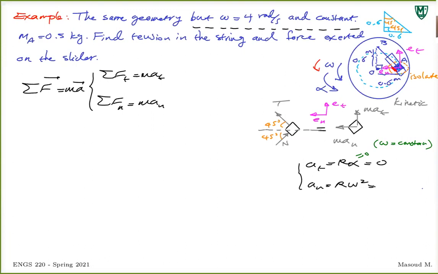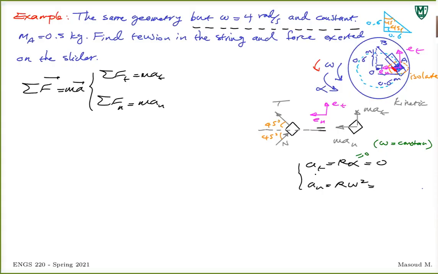R omega squared, what is R here? Well, I already drew it there, so you should be able to figure that out. Remember, don't get confused with it. R is the distance from where the particle or the object is to the center of rotation at that specific moment, the point that it is rotating around.